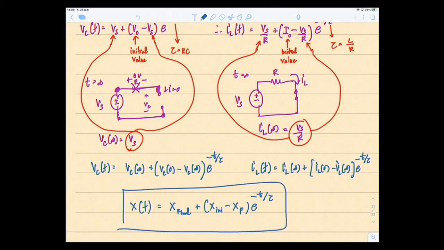So it seems that if you have an RC or RL circuit, a first order circuit, your answer would be in this form. And the three values you have to find are the value at infinity, the initial value, and tau, and you get the answer. So I'm going to end it right here. In the next sessions, we will talk about how to find these values, step by step.